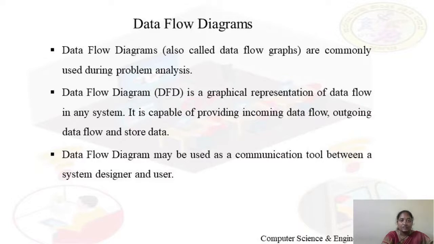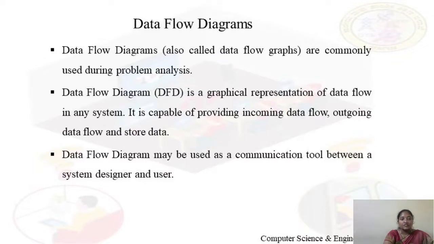DFDs can be hierarchically organized, which helps in partitioning and analyzing large systems easily. Such DFDs together are called a leveled data set. In DFD, there are three levels: level 0, level 1 and level 2.